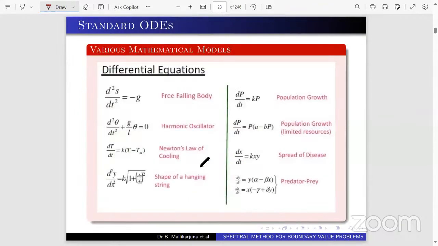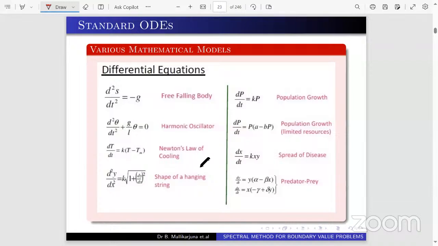Now the question is: where can these kinds of mathematical differential equations arise? Here I am listing some very basic ones: hanging cable, spread of disease, predator prey model.